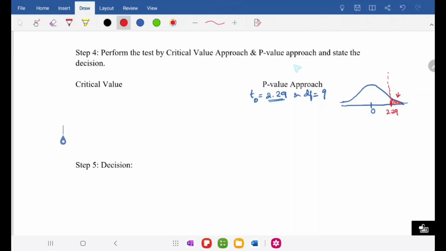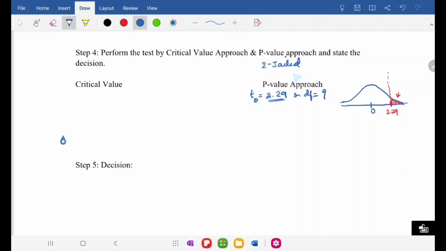Now, this is a two-tailed test, correct? Let me clarify that. If it were a right-tailed test, then the p-value would be the area on the right-hand side. If it were a left-tailed test, then the test statistic would be located to the left, and the p-value would be the area to the left of that location.